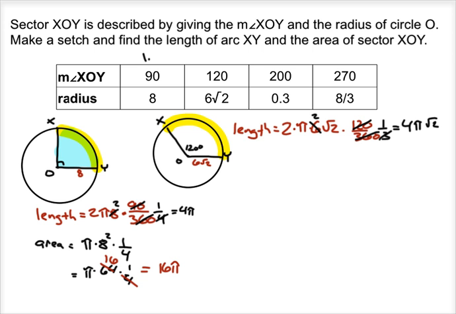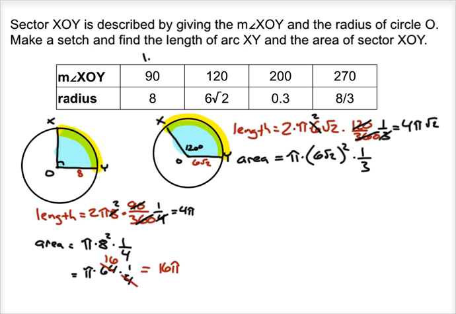Going to the area. If I try to find the area of this sector, I start by finding the area of an entire circle. The area of an entire circle would be pi times radius squared. That's going to be pi times 6 square roots of 2 squared. But now I don't have a whole circle, I only have 120 degrees out of 360 degrees, which from the problem right above we know reduces to 1/3.